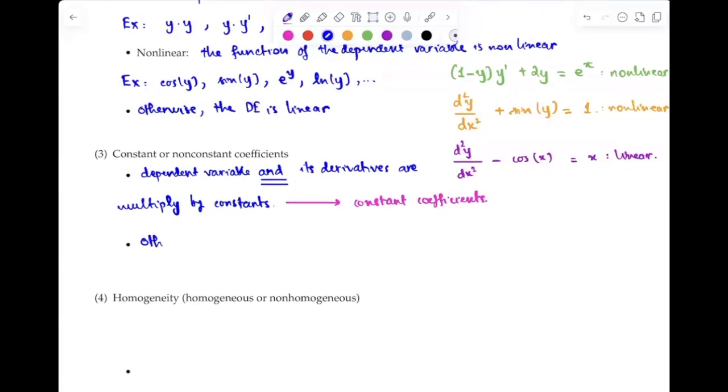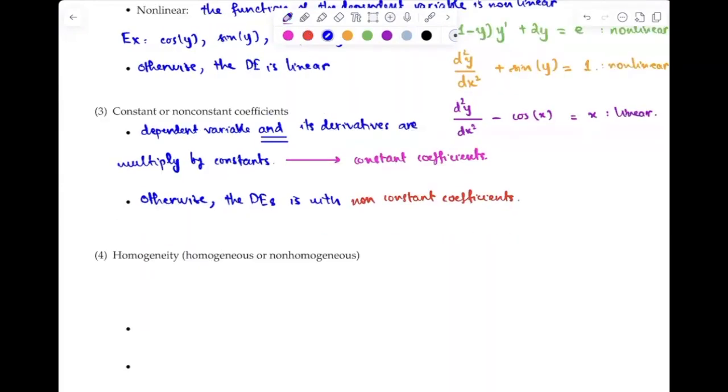Otherwise, the differential equation is with non-constant coefficients. So that's the third category. We'll get to an example later.